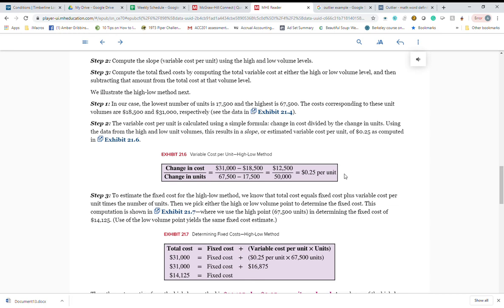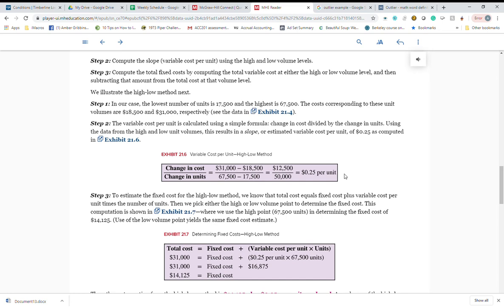You know what, let's just make it real simple. I don't want to make it too complicated. Pick the high point. You can pick both, but just pick the high point. I'm going to follow your book here in beginning accounting class. So take your variable cost per unit and multiply it by the highest level of units.